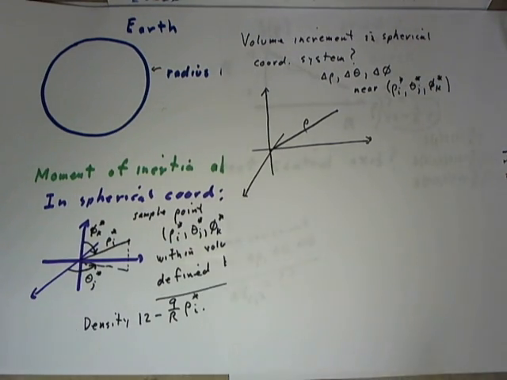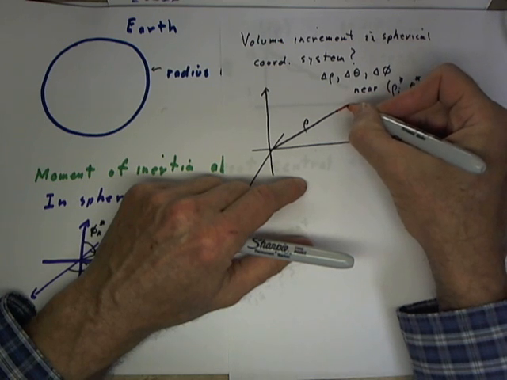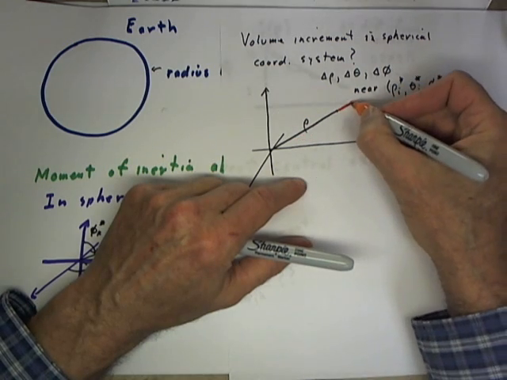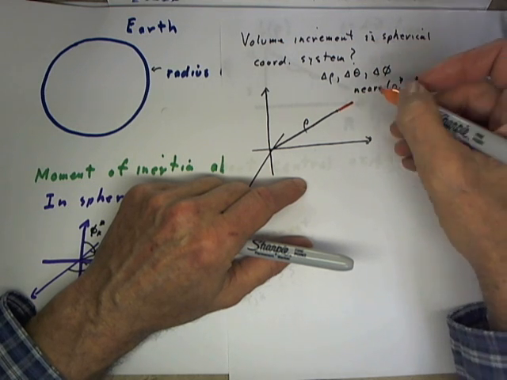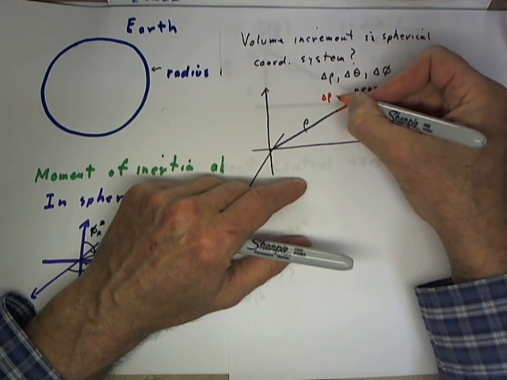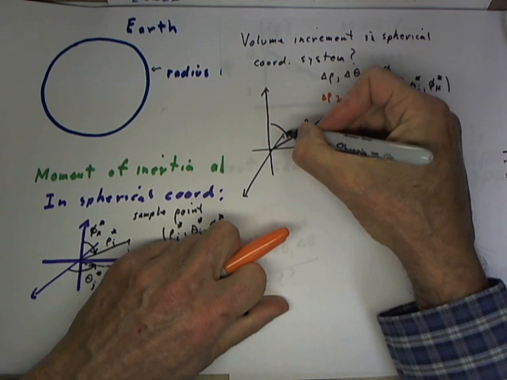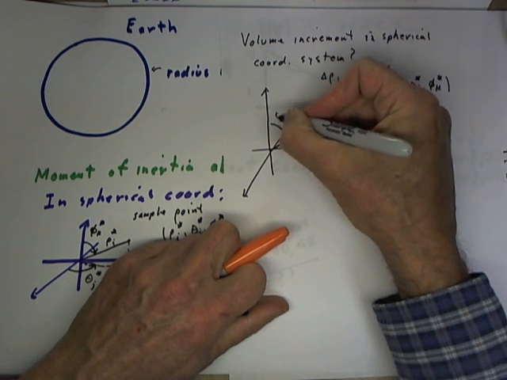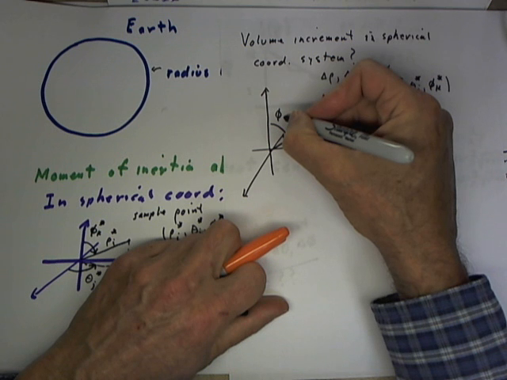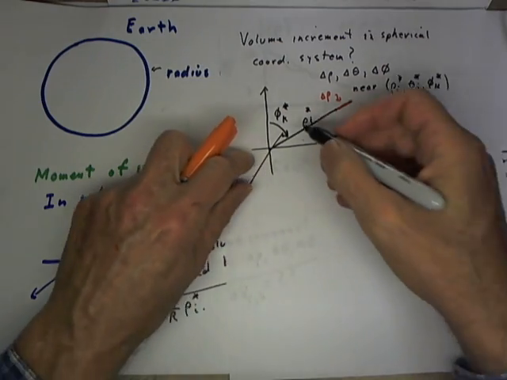Now a small change in rho, let's say starting from this point, would extend us out to distance rho plus delta rho. So let this segment have length delta rho. If our angle phi changes, what's that going to do?